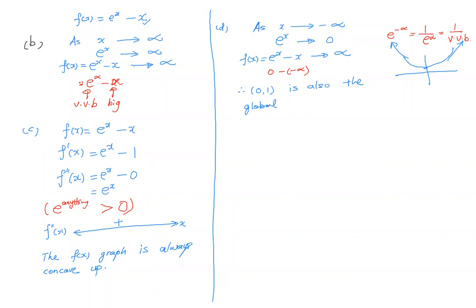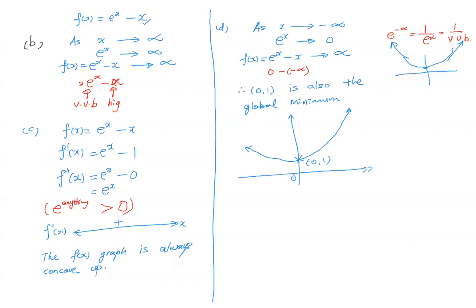Minimum. Okay, so my graph will go like that. This one, the infinity is much bigger, steeper. This one is less steep. Yep. So here is your (0, 1).